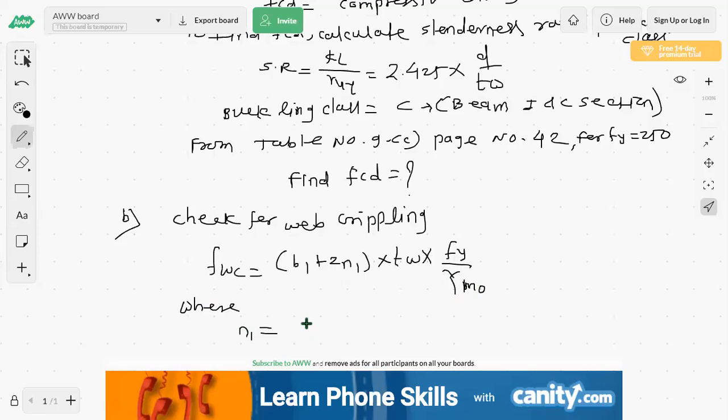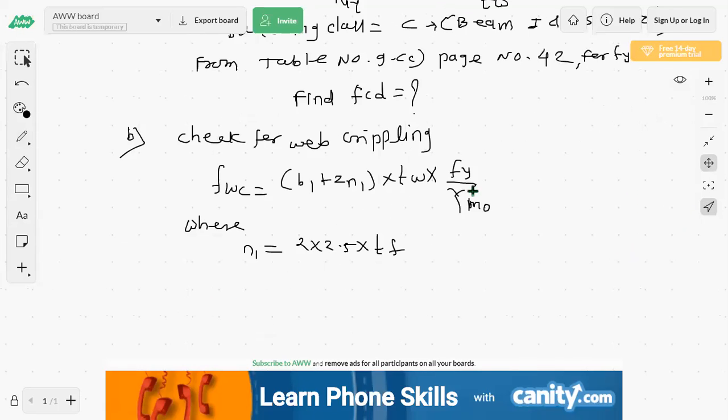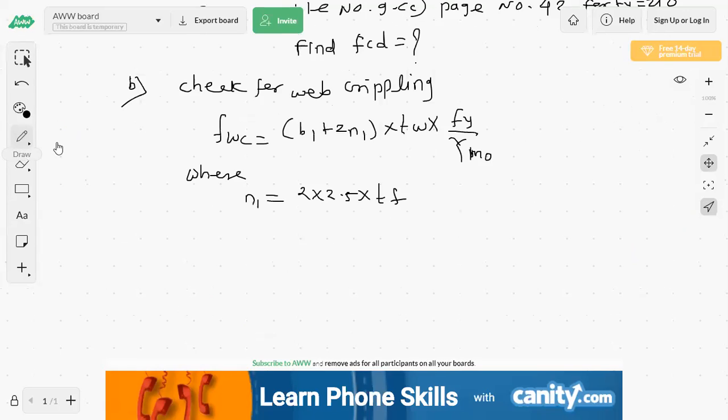N1 is equal to 2 into 2.5 into TF, thickness of flange. So this is the strength due to web crippling and web buckling, that we have seen.